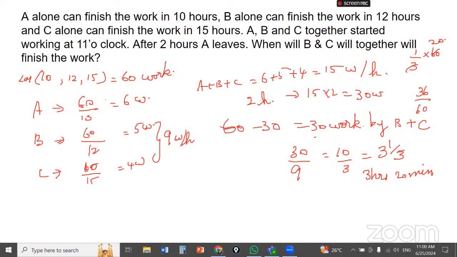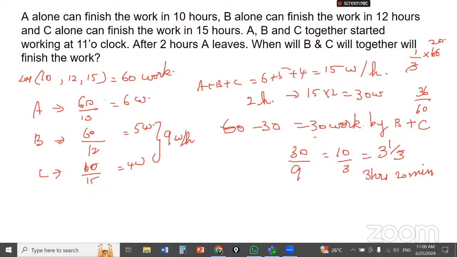So it will be 4:20. If they start at 11, they'll complete the work at 4:20.